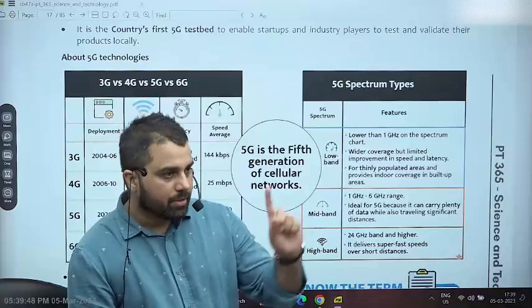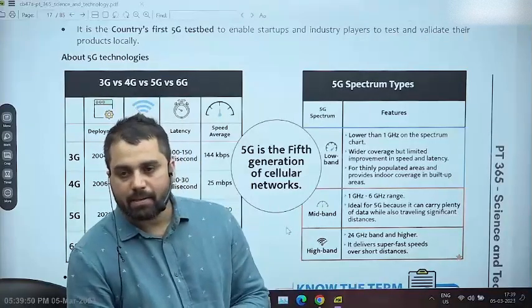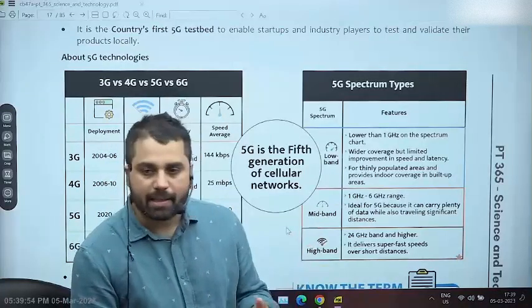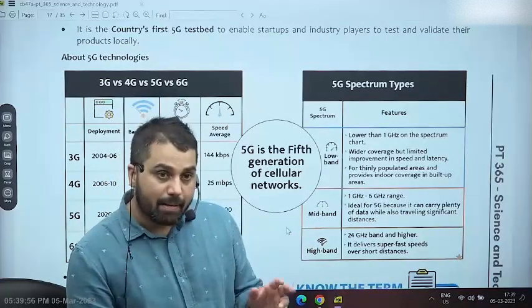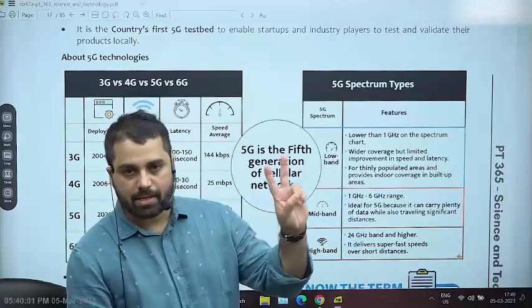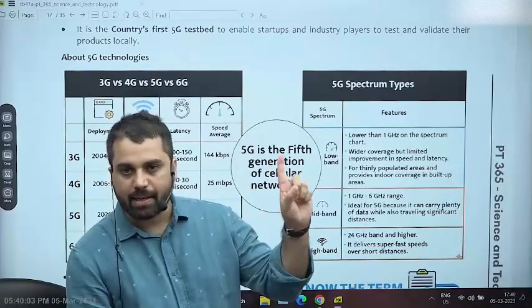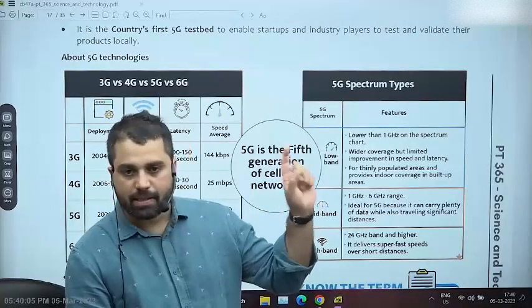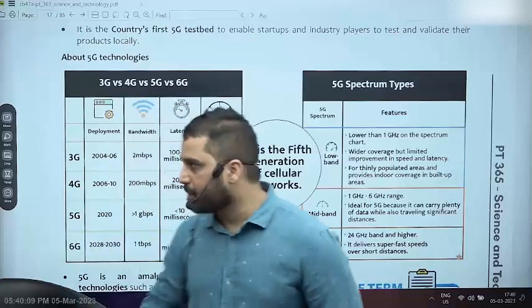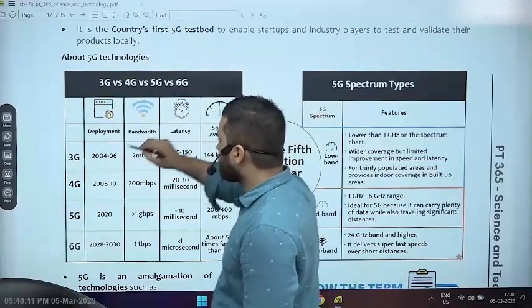Now the first question which you can ask is that ये parameters decide कौन करता है? Who decides these parameters that इतना speed होना चाहिए, इतना latency होना चाहिए, इतना bandwidth available होगा 4G और 5G network के लिए? So there are two organizations which play a very important role. First is International Telecommunication Union, which is an agency of United Nations, and second is another organization called 3GPP, Third Generation Partnership Project.